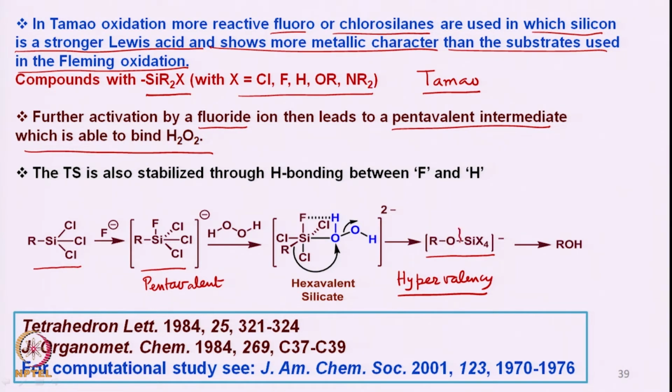Then of course one has the hydrolysis to form the corresponding OH here. So this is the Tamao oxidation, in which we have slightly different requirements as far as the starting material is concerned, and of course one uses the fluoride ion.